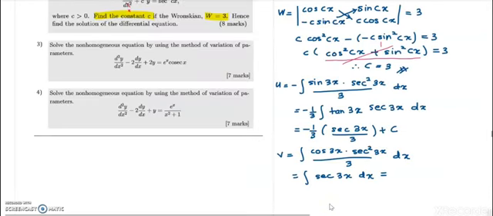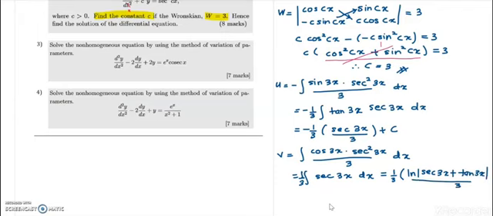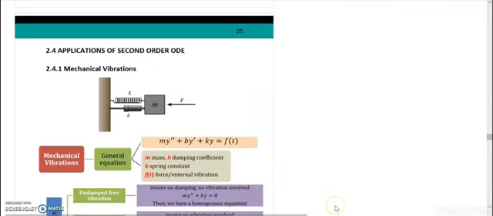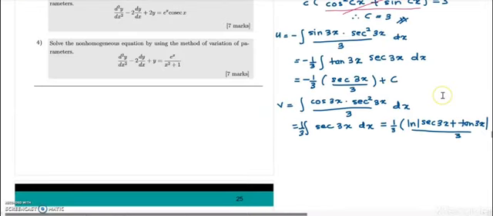So we have 1 over 3 here, then the answer should be ln of secant 3x plus tangent 3x. But don't forget, we need to differentiate the 3x so that we have over 3 somewhere here. So you have the bracket over here plus the constant D.